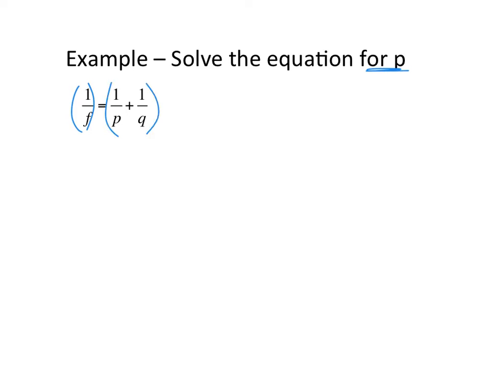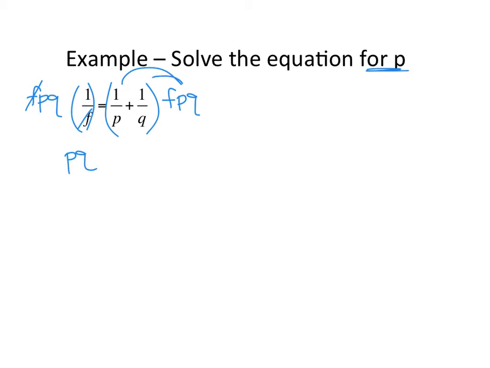So let's multiply both of these by the least common multiple of f and p and q, which is just literally f, p, and q. F, p, q on both sides. When we multiply here on the left side, the f will cancel out, just leaving p and q, right? F cancels with f.